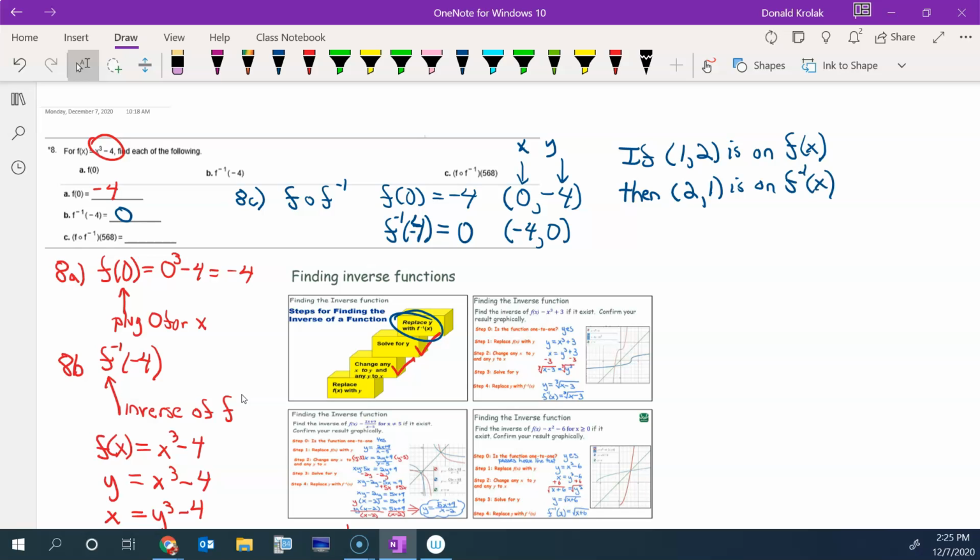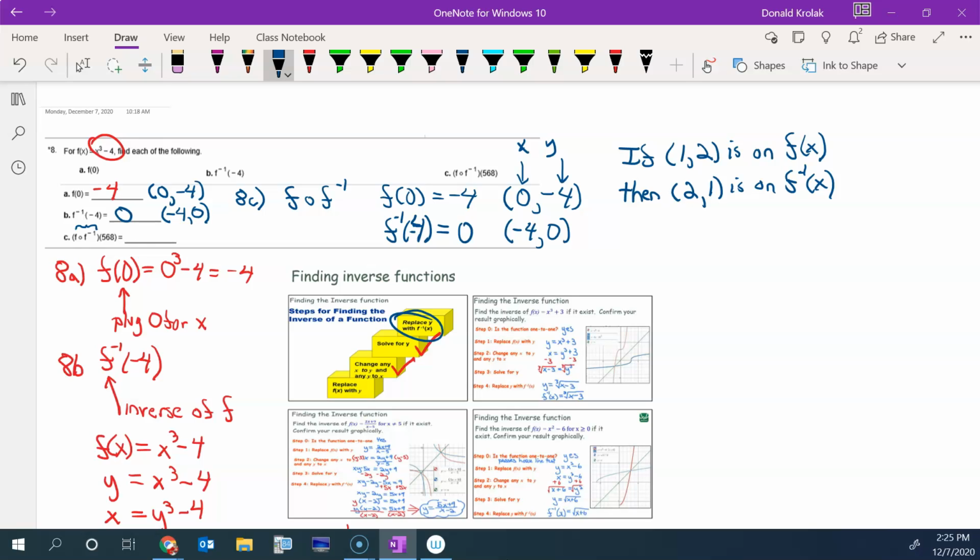You're just switching x and y. So if you realize that this is the point 0, negative 4, well, now negative 4 is the x, so the y would have to be 0. What an inverse does on this next problem is that these two things undo each other.